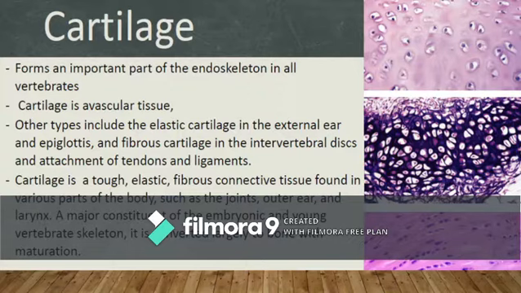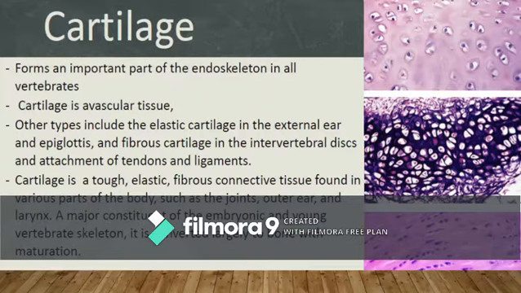Now, the cartilage characteristics, aside from being avascular, when we say avascular, they don't have blood vessels. Chondrocytes receive nutrients and excrete waste by simple diffusion through the matrix.